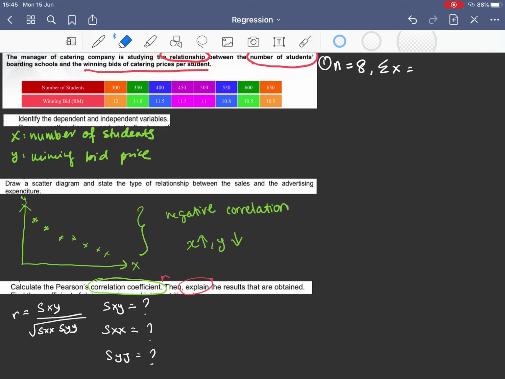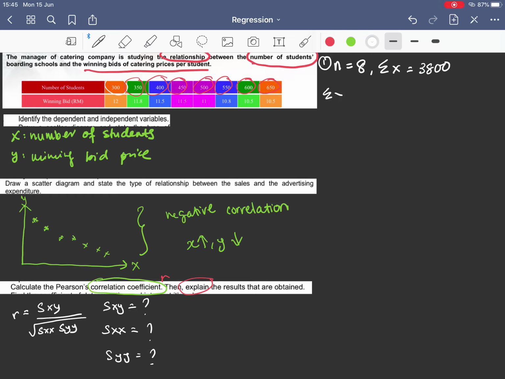So 300 plus 350 plus 400 plus 450 plus 500 plus 550 plus 600 plus 650. So press your calculator. What did you get? So my answer is 38,000.